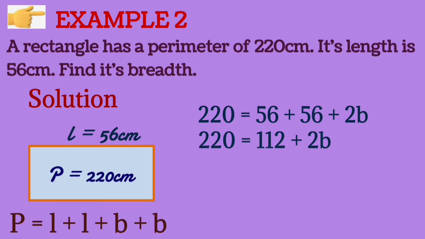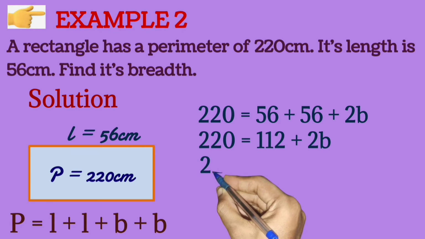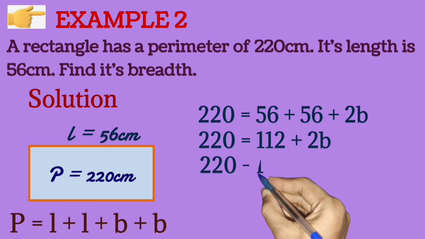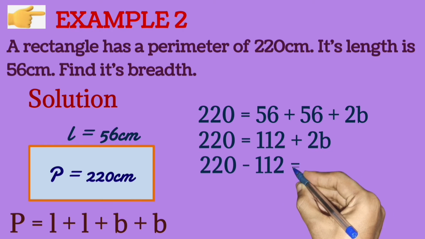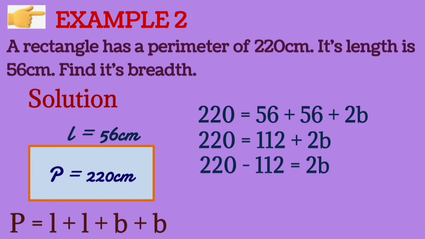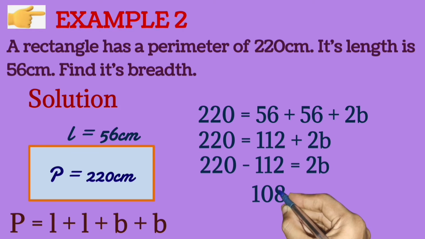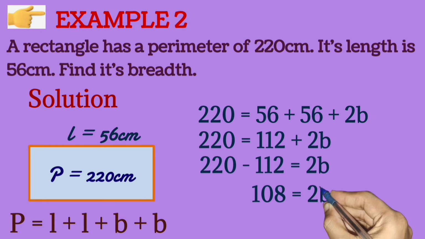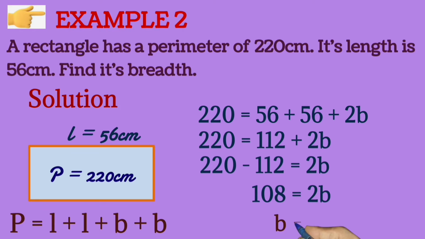To get the value of b, first take 112 to the left hand side so that 220 minus 112 is equal to 2b. 220 minus 112 is equal to 108. Hence, 108 will be equal to 2b. Divide both sides by 2 so that b is equal to 54 cm. This is the required answer.